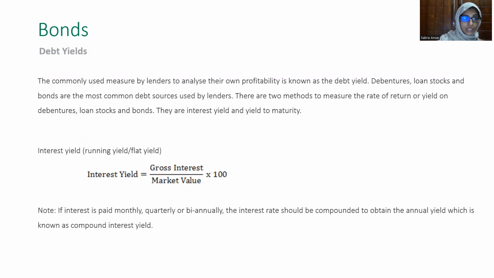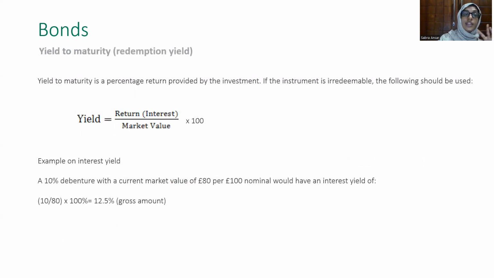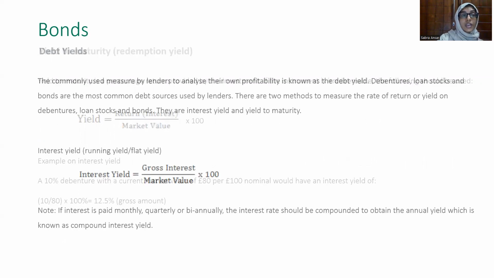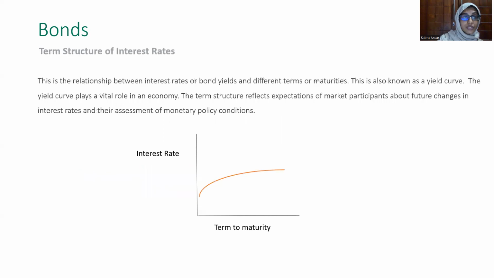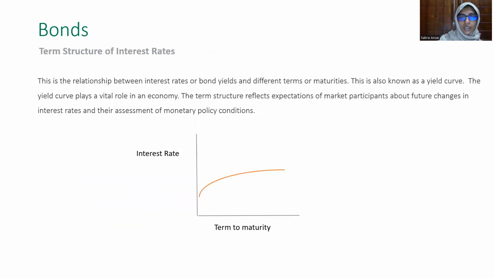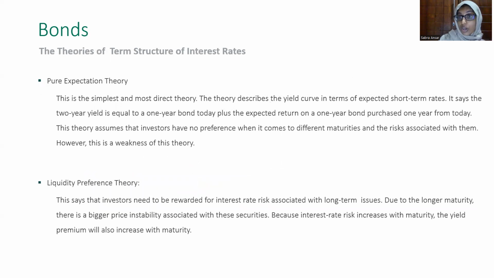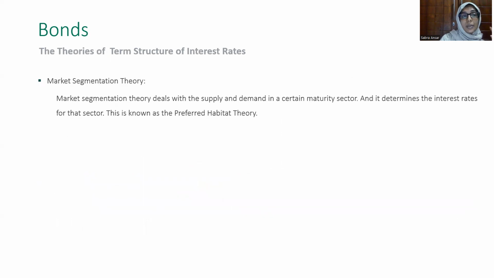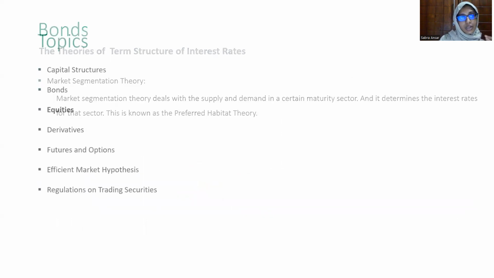Then we calculated the debt yield and the yield to maturity. And thereafter we spoke about term structures of interest rates. Then we talked about 3 theories related to interest rates. We spoke about the pure expectations theory, the liquidity preference theory, and the market segmentation theory.